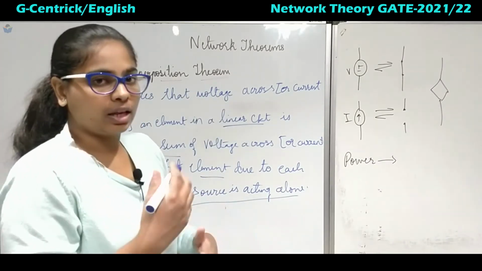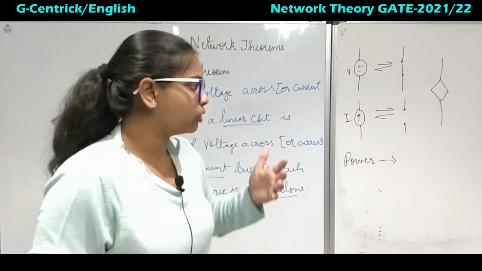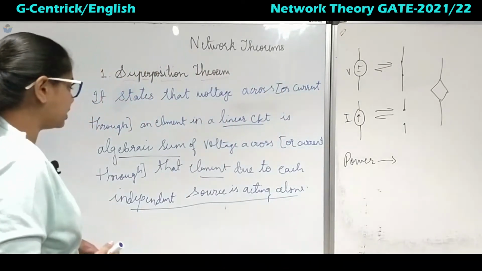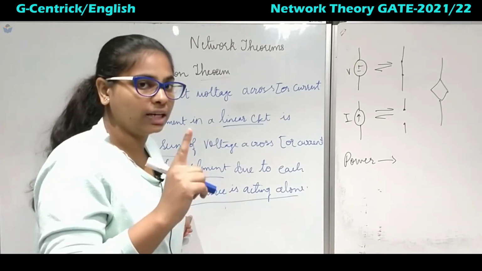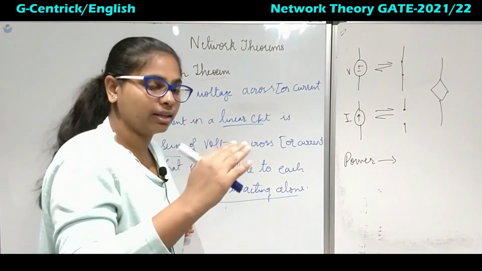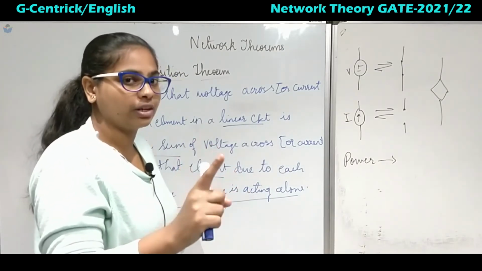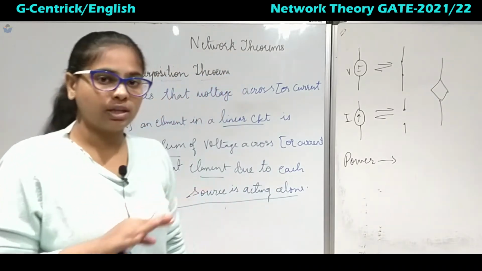It means that in a circuit, if there is more than one independent source, like 2-3 independent sources, you have to choose one independent source and make the rest of the independent sources inactive. So keep one independent source active and the rest inactive.